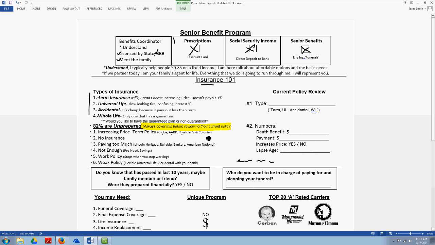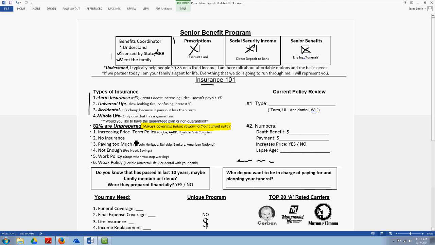But they don't have these companies, so I still want to bring it up, because when I leave that house and I just sold them a whole life plan for $50 a month, and then they get a letter from Globe that they can get the same amount of coverage for $20 a month or $30 a month, I want them to be educated on why they don't want to sign up with Globe or AARP or Physicians Mutual or Colonial Penn or Lincoln Heritage and so forth. So I'm still going to go over it for education and to help save my business from canceling down the road, but I'm not going to spend a whole lot of time talking about it.